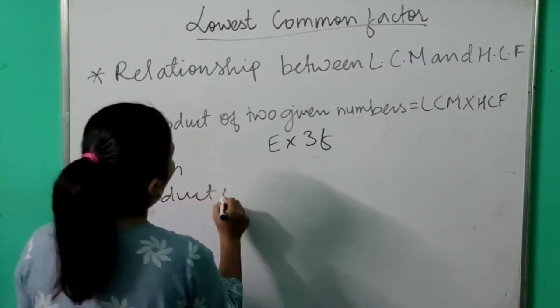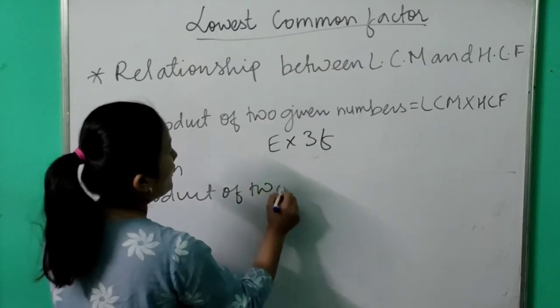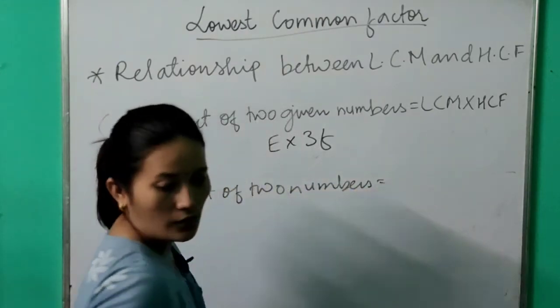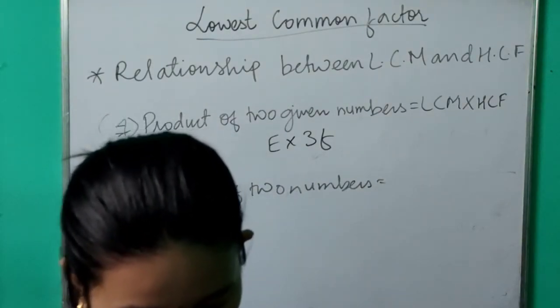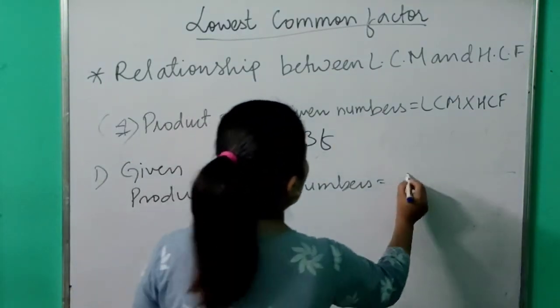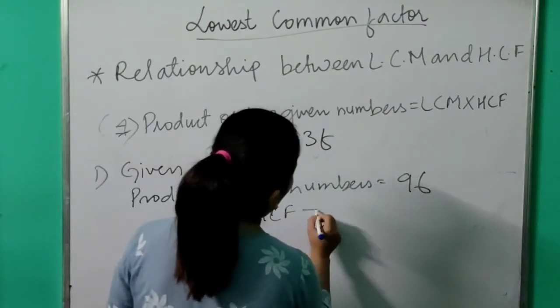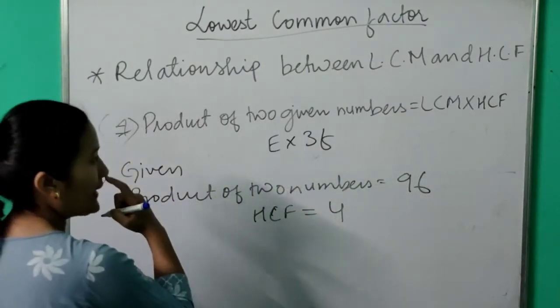The product of two numbers is 96 and HCF is given. HCF is 4. So you have to find the LCM.